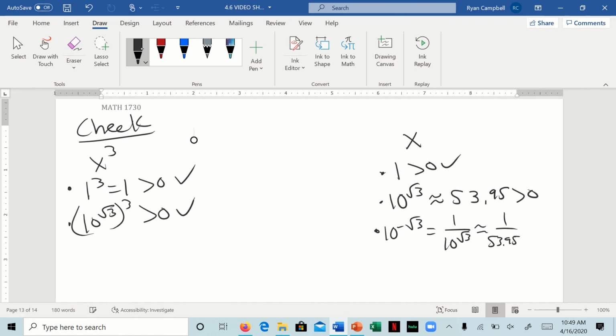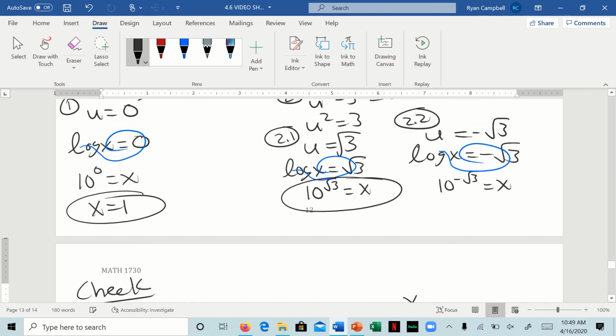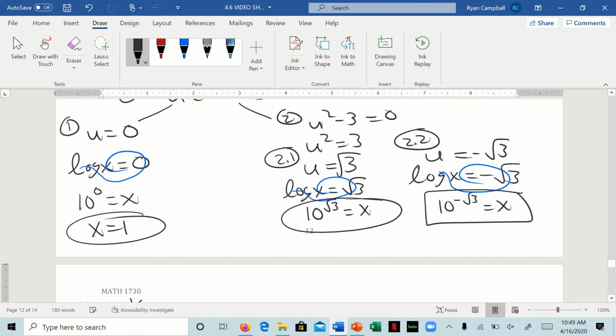Is this going to be a positive number? Oh yeah, absolutely. And again, if you cube a positive number, do you get a positive number? Yeah. So all 3 of these are answers in this case too.